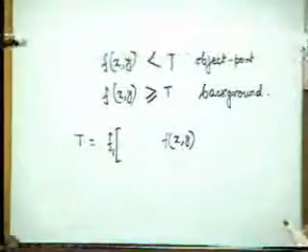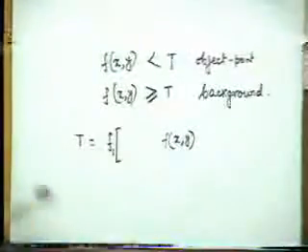Now, very often it is found that the threshold selection is not only dependent upon the intensity of the image at the point xy, but it is also dependent upon a local neighborhood surrounding the point xy. So we can define a neighborhood function.